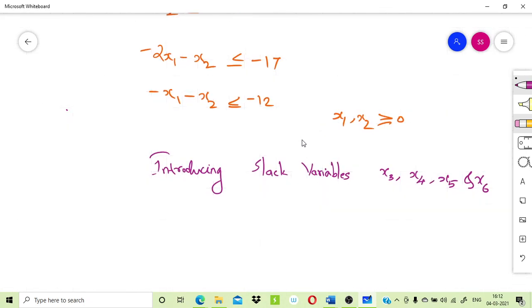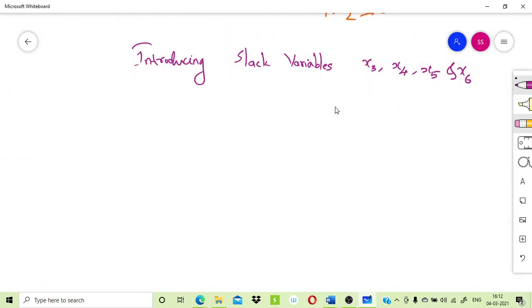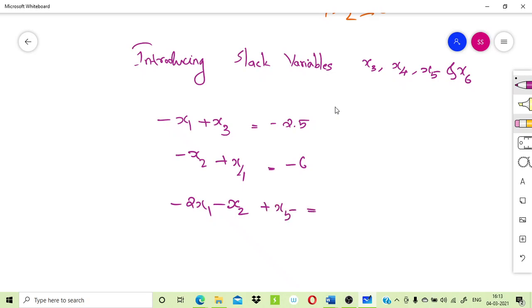The constraints become minus x1 plus x3 equal to minus 2.5, then minus x2 plus x4 equal to minus 6, then minus 2x1 minus x2 plus x5 equal to minus 7, then minus x1 minus x2 plus x6 equal to minus 2.